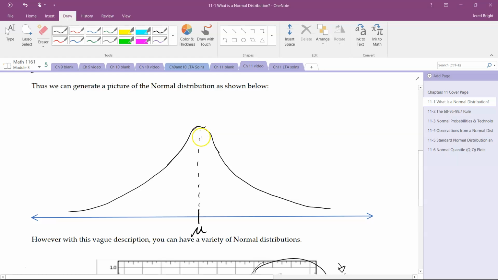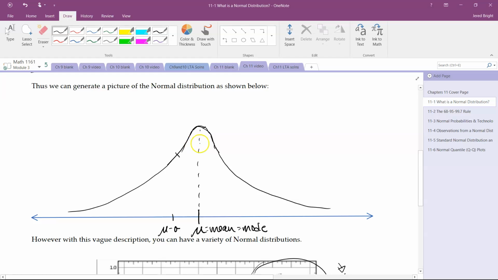So this is the population mean, but it's also the mode. That's kind of interesting. And the standard deviation is like one standard deviation out. If we were to do mu minus sigma, it'd be where the curve starts transitioning from bending down.